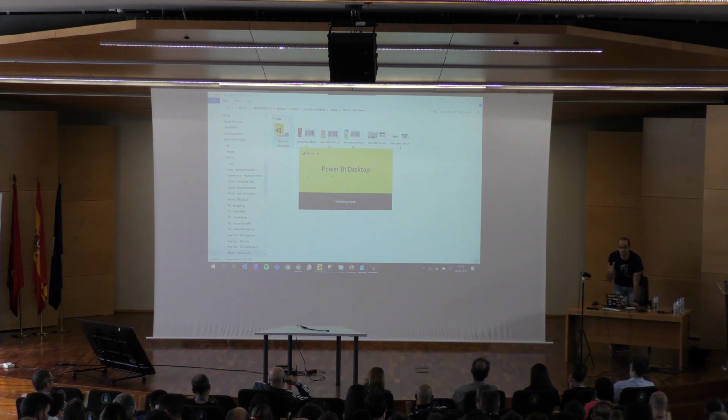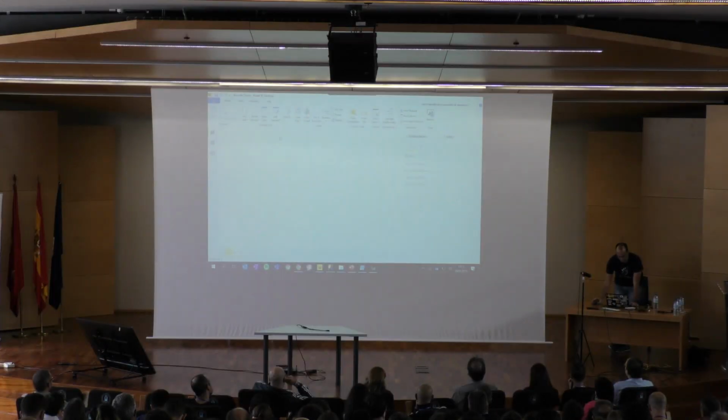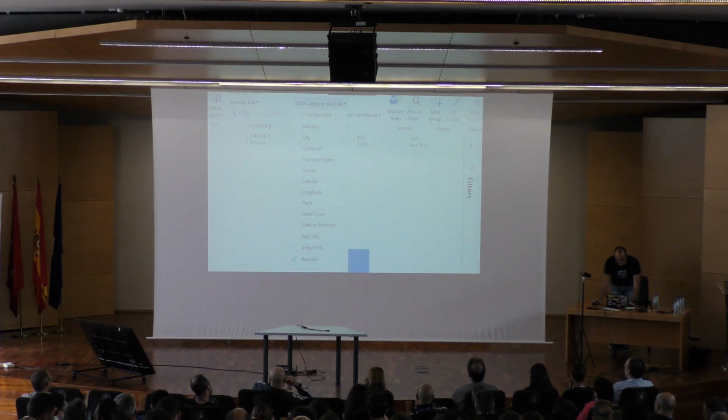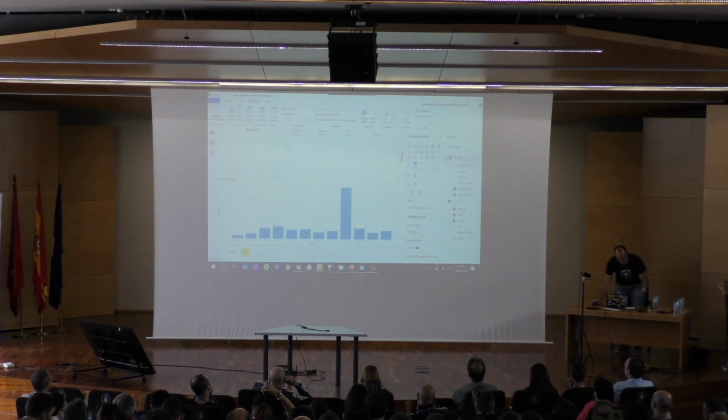As soon as you do that, that report will be filtered by a barcode. So the only thing you need for this to work is to have a barcode and specify the data category as a barcode. And you are done. Next thing is you publish this report online.